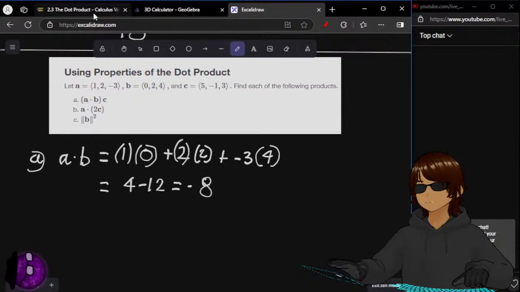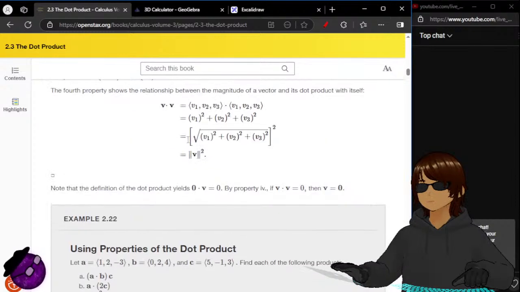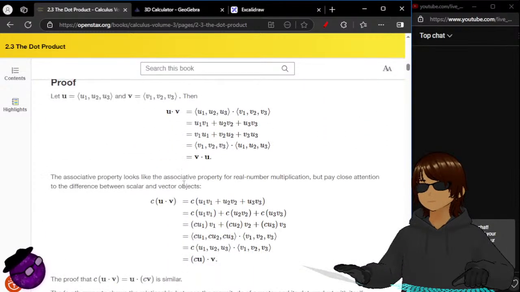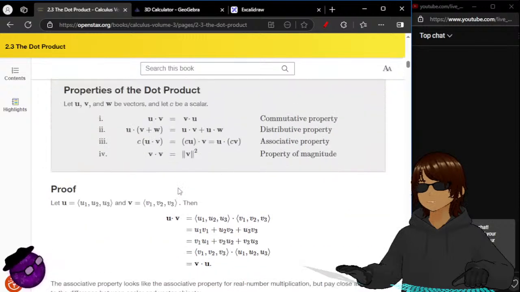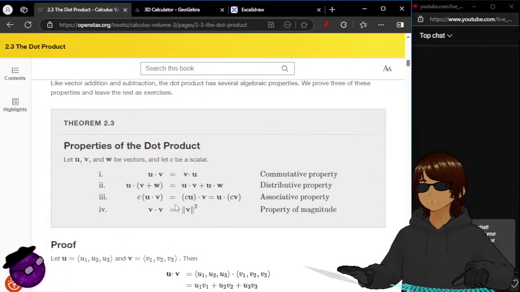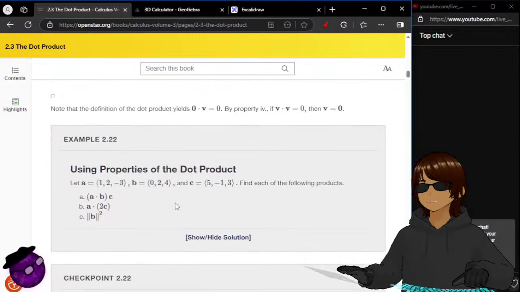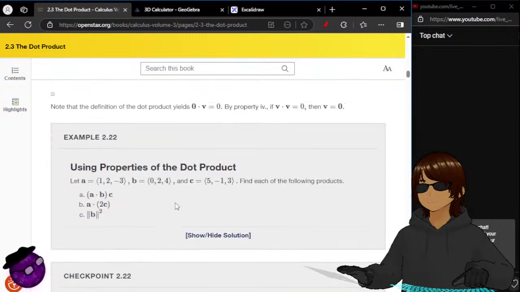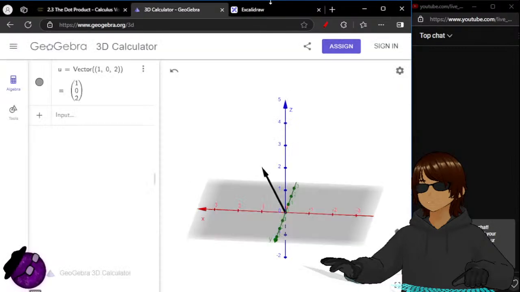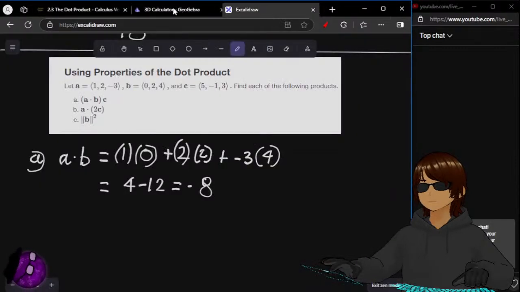And then what is this? I thought that was a scalar. This is a scalar, wait. Oh, I see. Yeah. Now I understand.